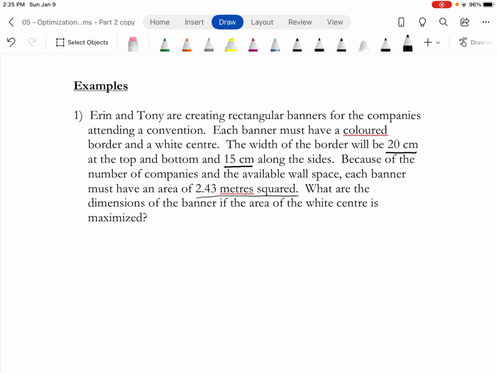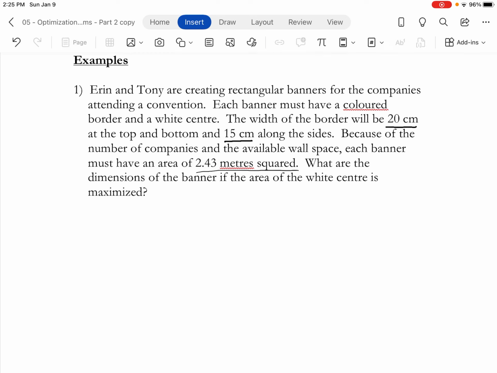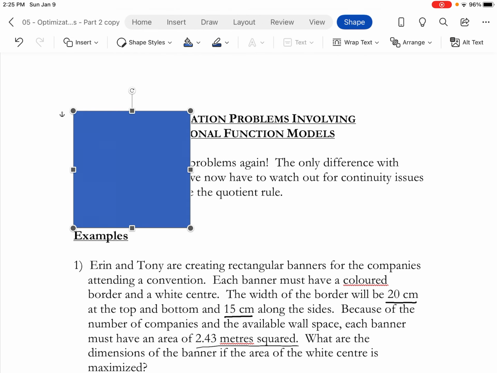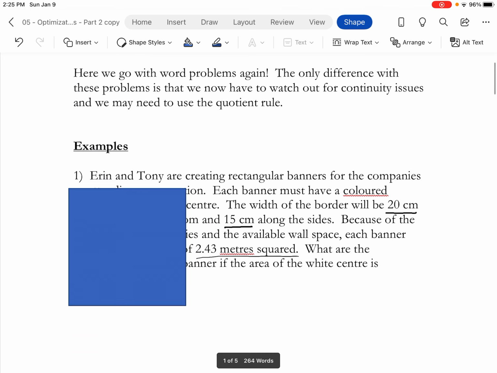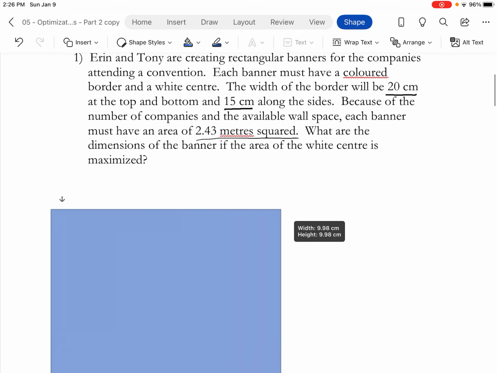Now, the banner itself, and I'll deal with the calculus of this situation in a second, I'm going to try and do a little diagram of it here using what I can here in Microsoft Word. So I'm going to make a rectangle. They said it was a rectangular banner, so I'm going to get a rectangle going here and bring it down here a little bit. So here's my first rectangle.